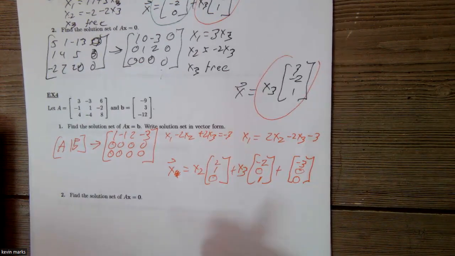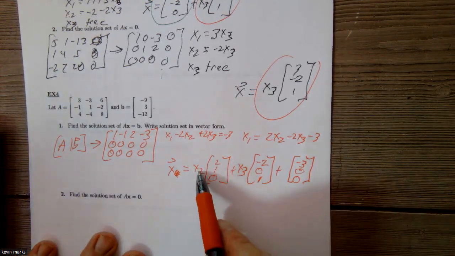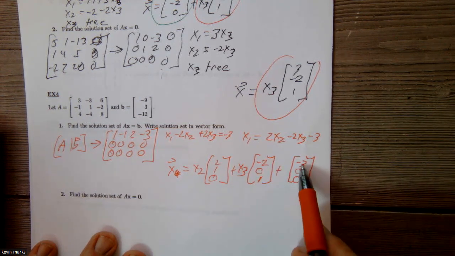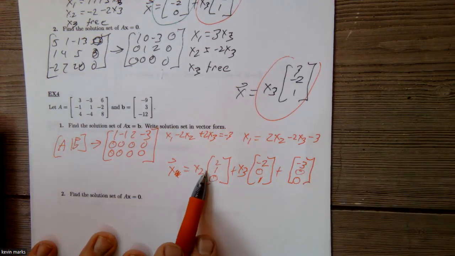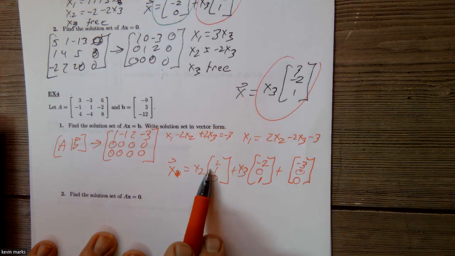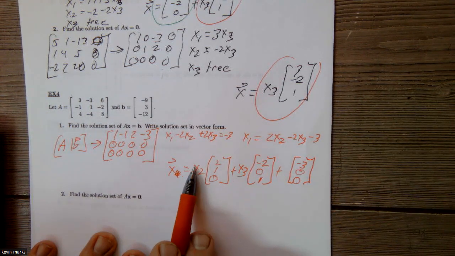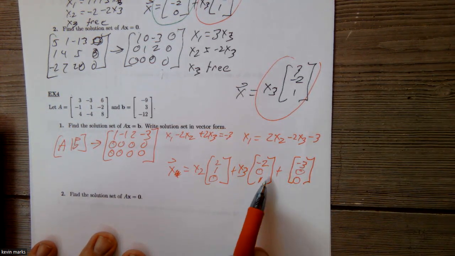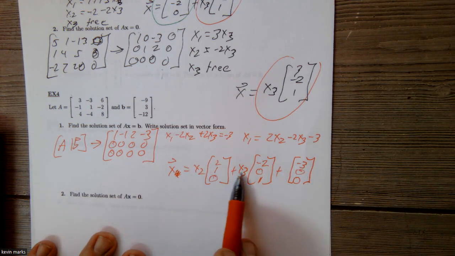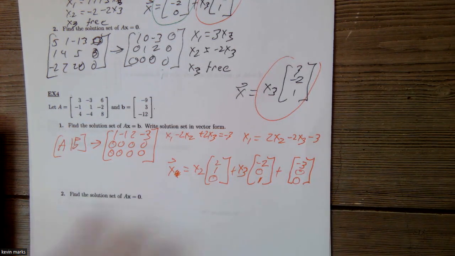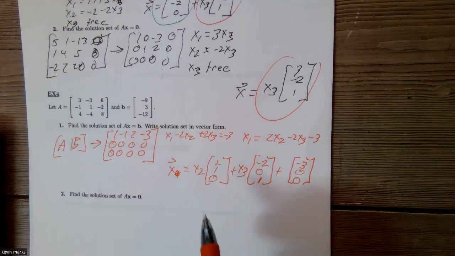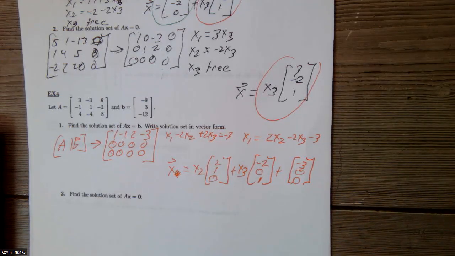So there's your 2x2 minus 2x3 minus 3. That's how x1 is. Then x2 is basically itself, x3 is itself, so x1, x2, x3. The point is it's a linear combination of those three.